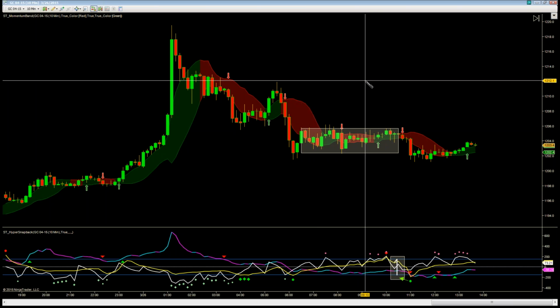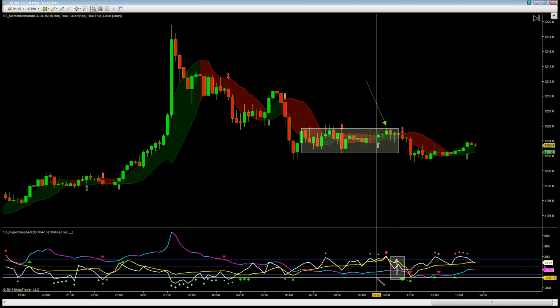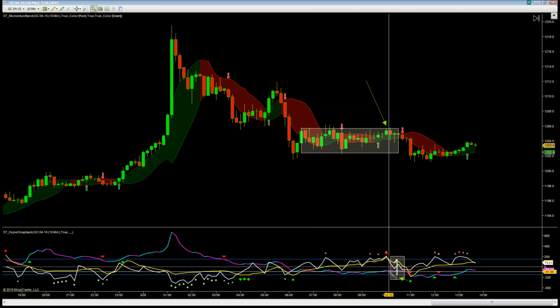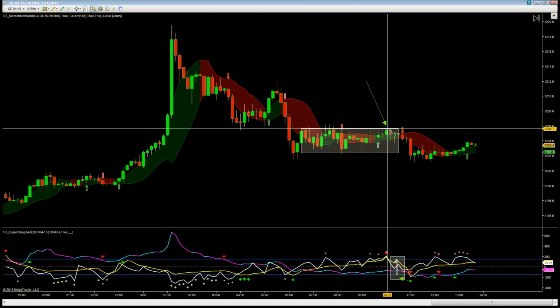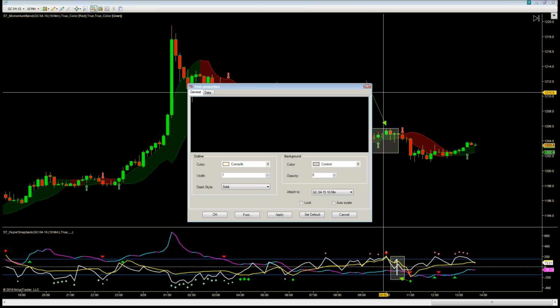So we're going to be short when it changes to magenta. And then once again, our stop is 6 to 10 ticks.